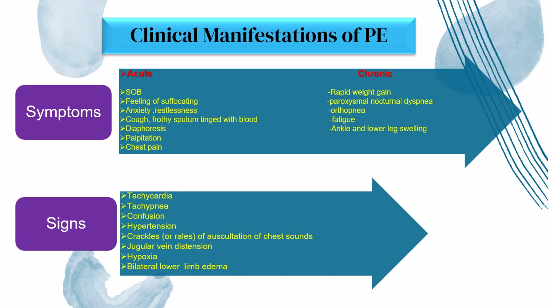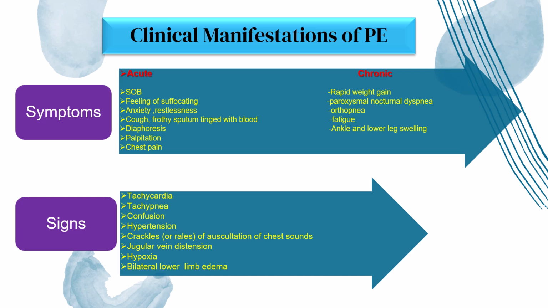Acute means SOB, a feeling of suffocating; the patient will tell you they're feeling anxious, with cough and frothy sputum, diaphoresis, palpitation, chest pain. Chronic means rapid weight gain because of the edema, paroxysmal nocturnal dyspnea, orthopnea, fatigue, ankle and lower leg swelling.